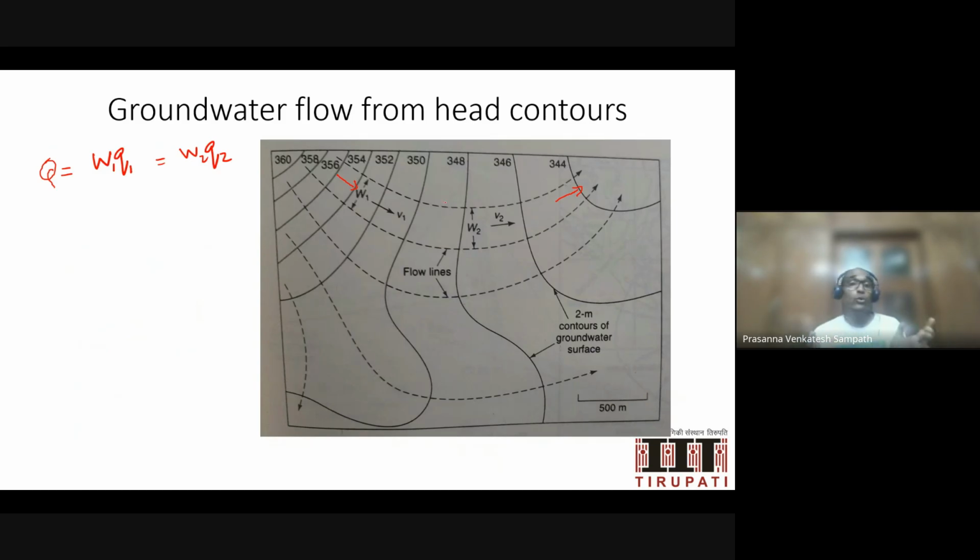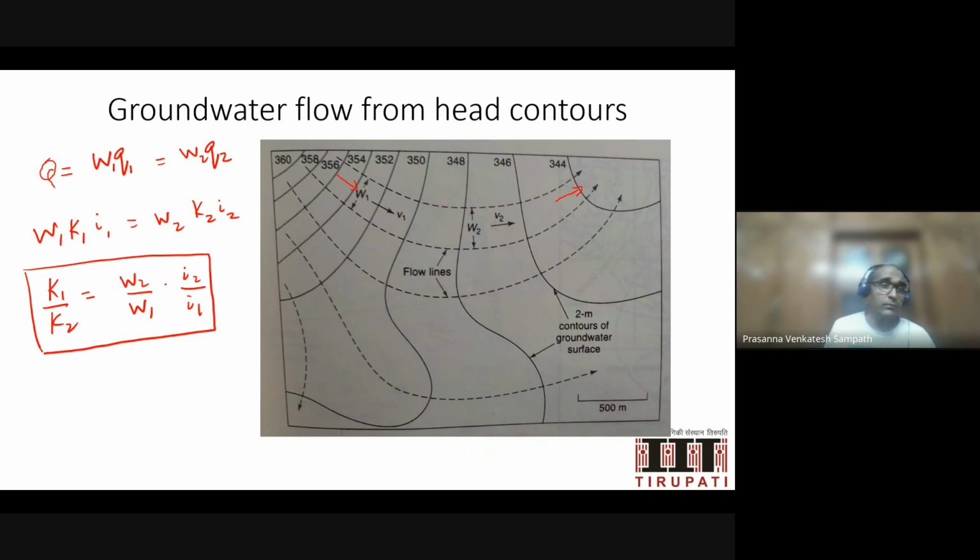Now, how do I find Q1 and Q2? Can I say that Q1 is K1 times I1, K1 being the hydraulic conductivity in region 1 multiplied by the gradient in region 1, which must be equal to W2 times K2 times I2?